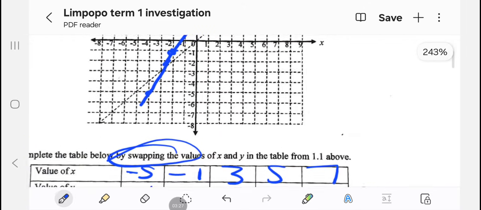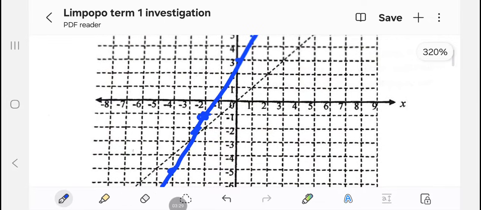So now minus 5 here for x and minus 4 here for y. They meet somewhere there. Let me use a different color here. There. And then minus 1 here for x and minus 2 here for y, they meet there.